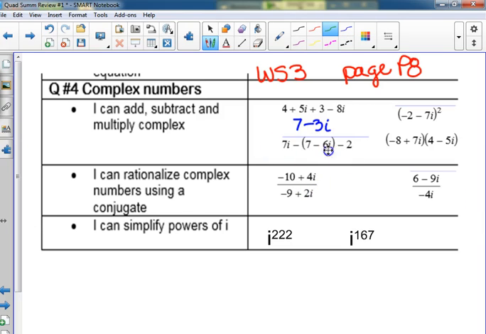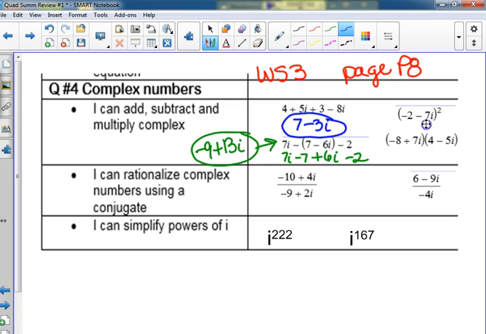What about this one down here? 7i minus 7 plus 6i if I distribute the negative, right? And a minus 2, which simplifies. Anybody? Yes, negative 9 plus 13i. All right, what about these multiply ones?